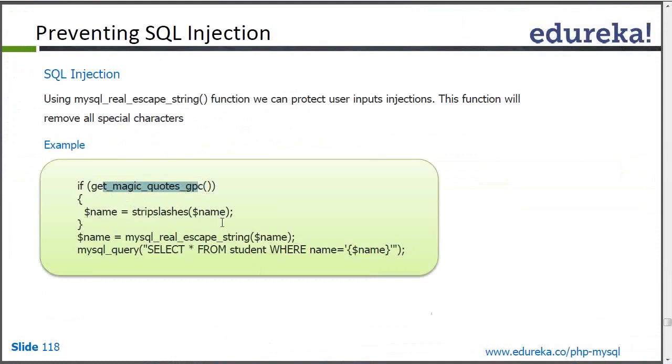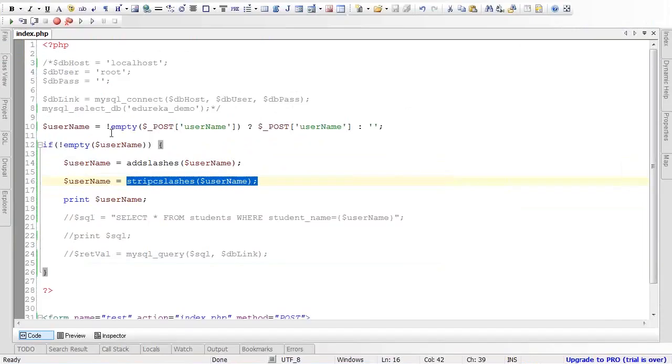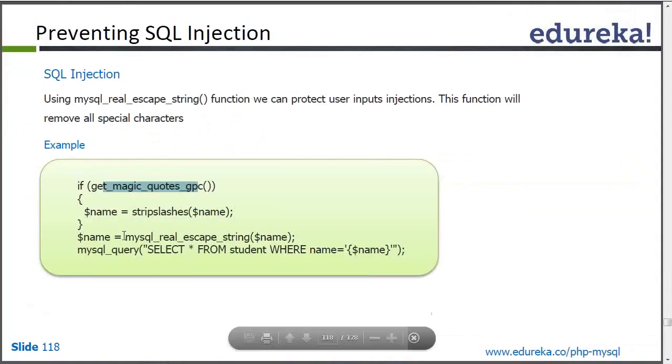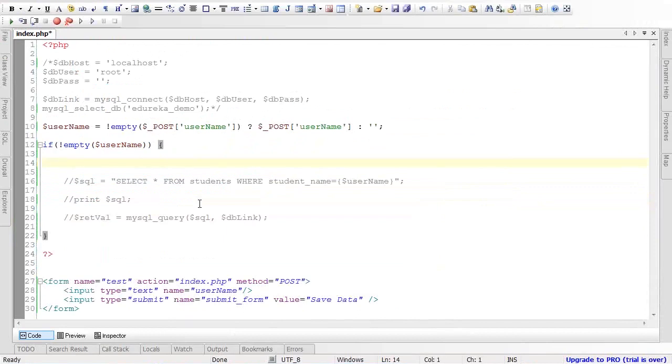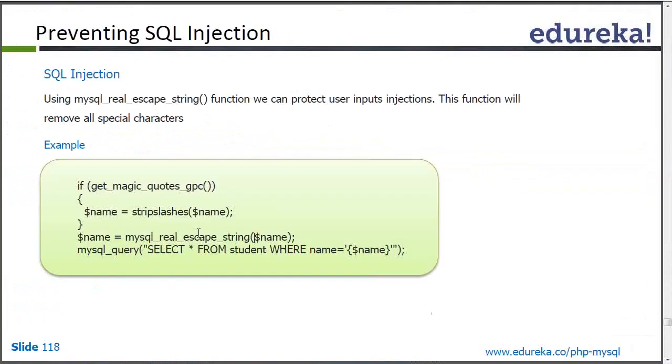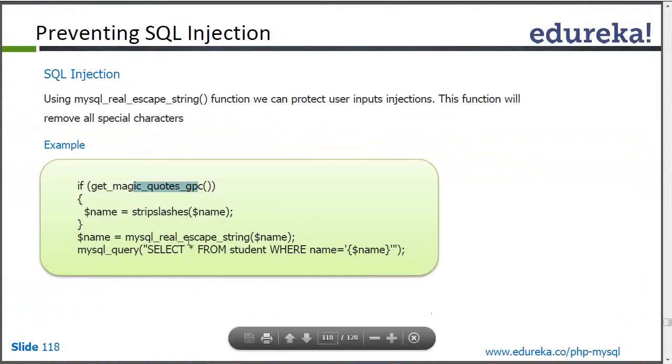Like we have a function in PHP called addslashes, in MySQL we have a function mysql_real_escape_string. So the mistake that we made earlier: if we are getting a string from the user, it should be escaped, meaning the backslashes should be added only once.